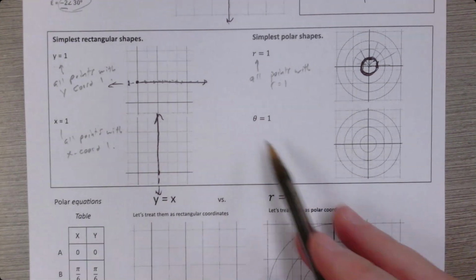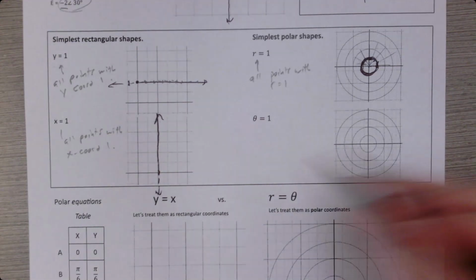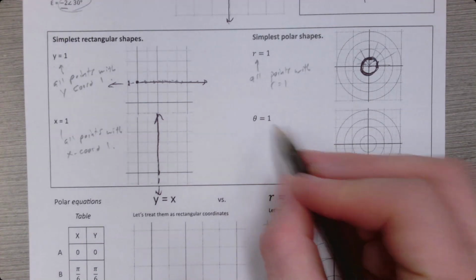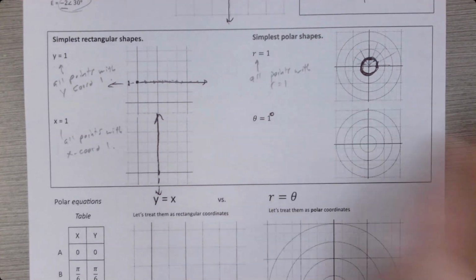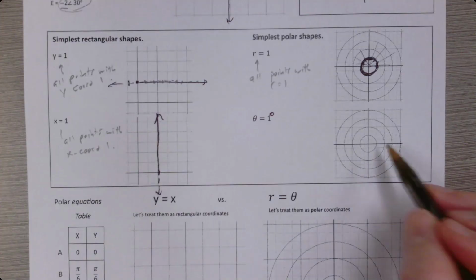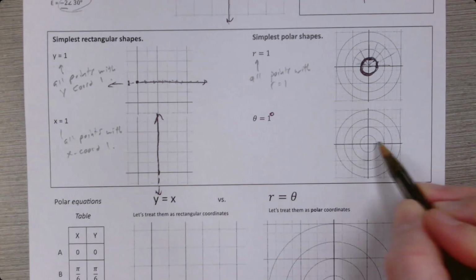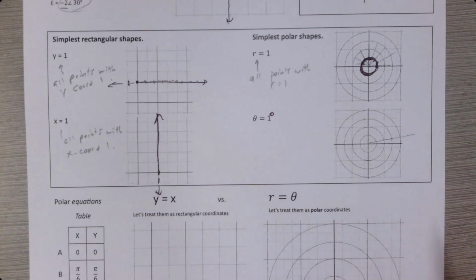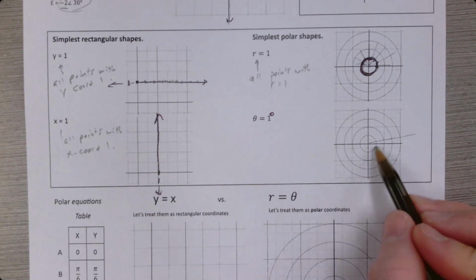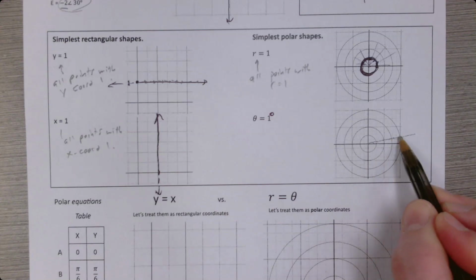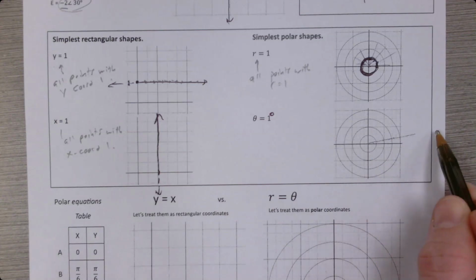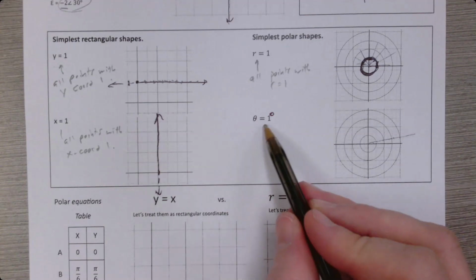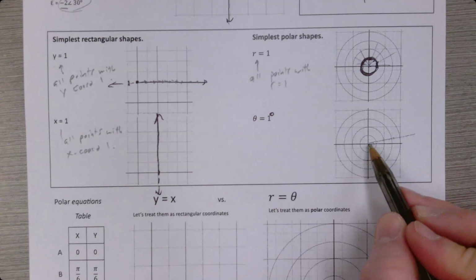All right, what about theta equals 1? Let's pretend this is in degrees. So if it's 1 degree, I'm going to exaggerate it a little bit. It's more like 10 degrees, but let's imagine 10 degrees. So all the different points along this line, all the different distances along this line, would satisfy the equation where theta is 1 degree.